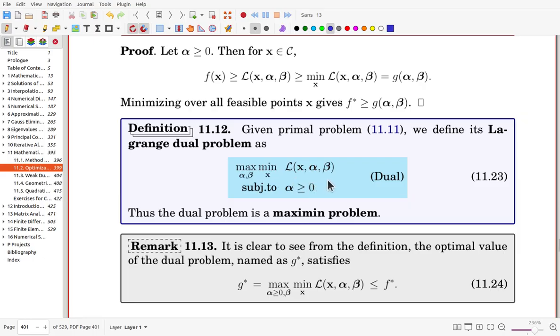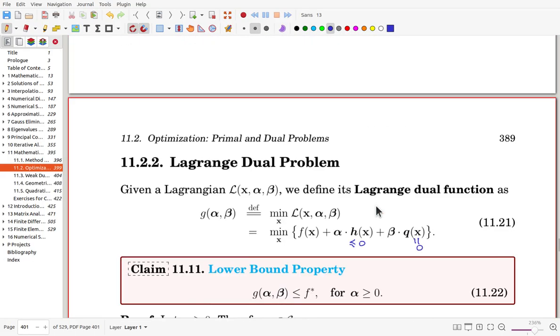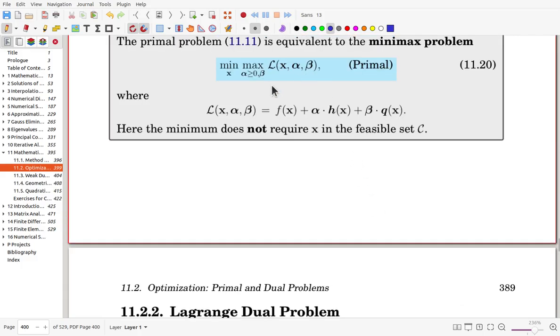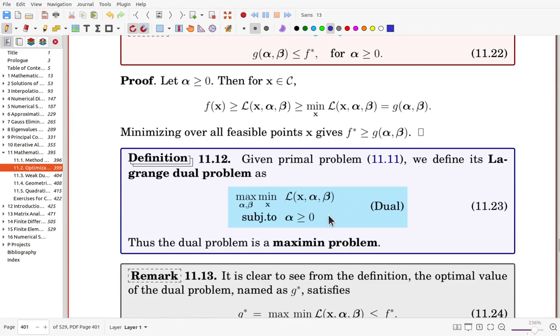Now this max-min problem is simply obtained from the original primal problem by changing the order. Rather than min, max, we are now considering max and min. Just change the order. Then that is the dual problem.